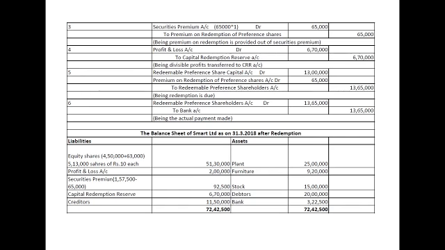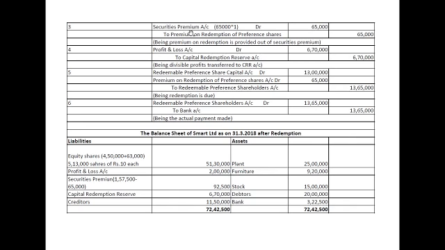So 5% on 20 rupees is 1 rupee per share here. So they are having 65,000 shares. So you have to pay 65,000 premium on redemption of preference shares. And this 65,000 should be paid out of securities premium account.